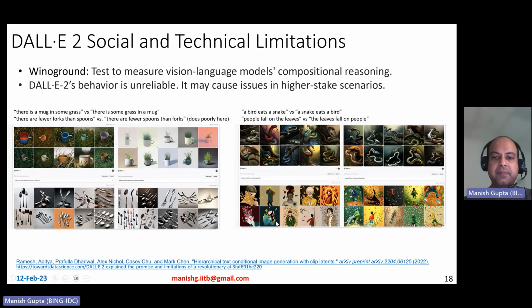Right? It generates reasonable images, but if you look at this one, there are fewer forks than spoons versus there are fewer spoons than forks. It actually does poorly here. In general, DALL-E 2 produces nice images. However, its behavior is unreliable. This unreliable behavior is not really very harmful here, but can cause issues in higher stake scenarios.